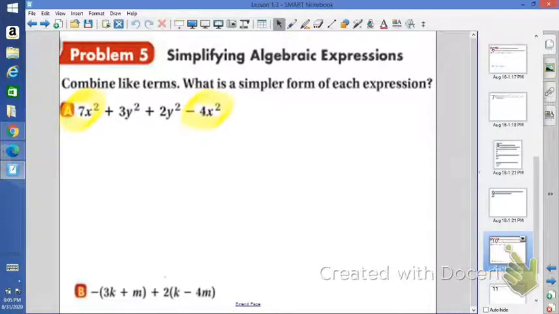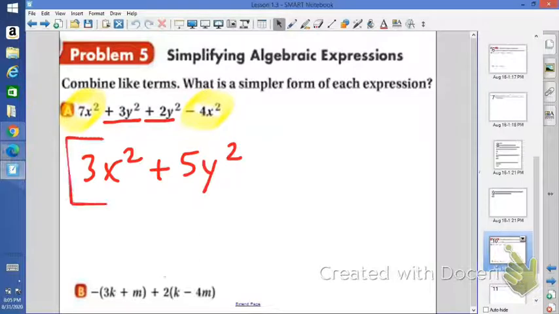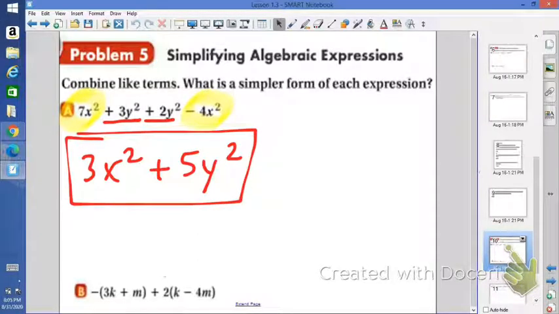And then we'll underline the y squareds. So positive 3y squared and a positive 2y squared. Alright, so combine the ones that are the same. So 7x squared minus 4x squared, that gives us a 3x squared. And then a 3y squared plus a 2y squared, that gives us a 5y squared, and that's your answer.